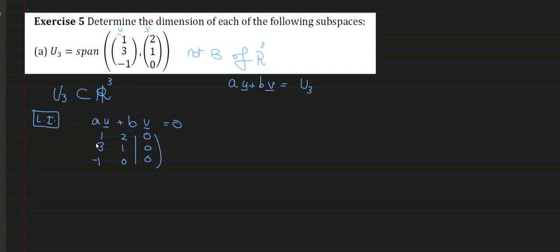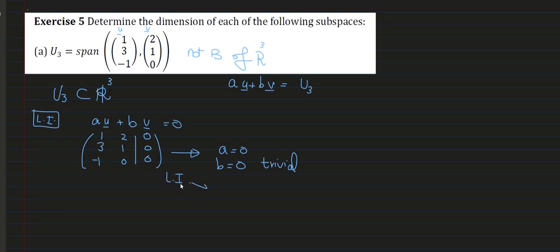This is the homogeneous system. Solving it, we will find that a is equal to 0 and b is equal to 0, and hence it's the trivial solution, which means that they are linearly independent.